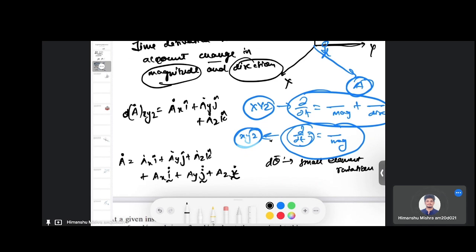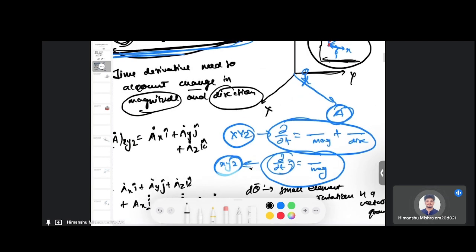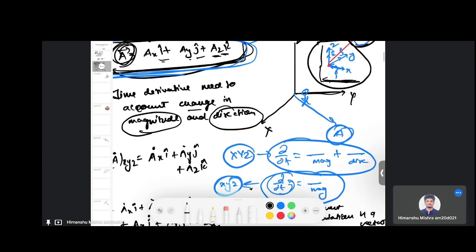Right? Because if you are sitting in the fixed frame of reference, here you can see the direction and magnitude both of vector A are changing.